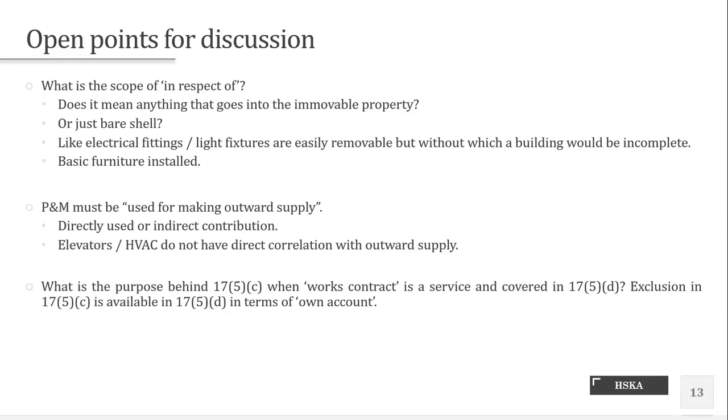Now, neither a fully functional building on one end nor a bare shell on the other can be accepted as a universal rule. The universal rule lies somewhere in between.